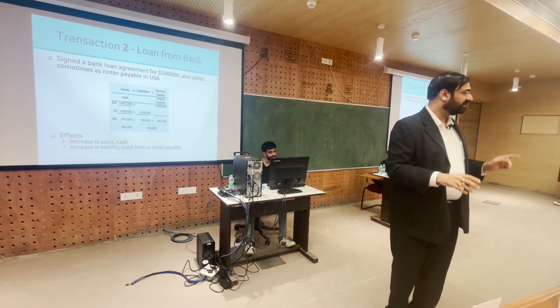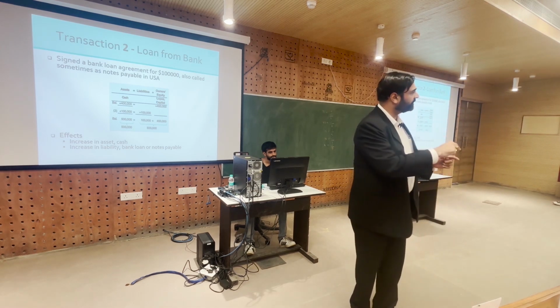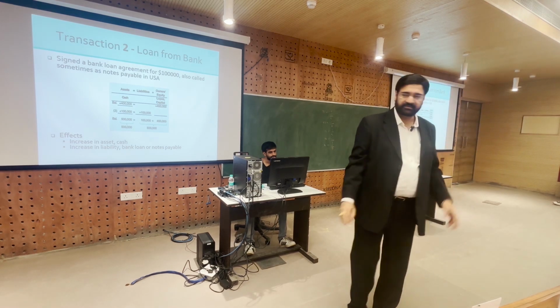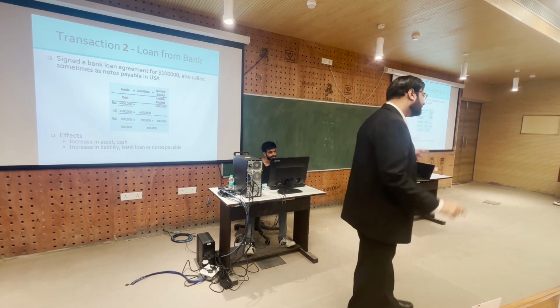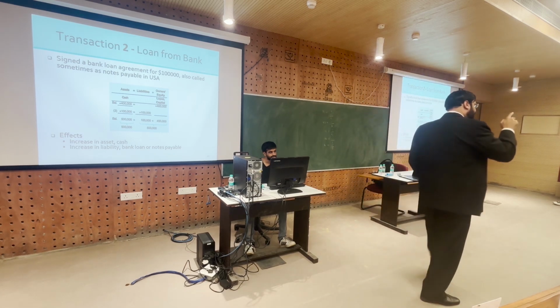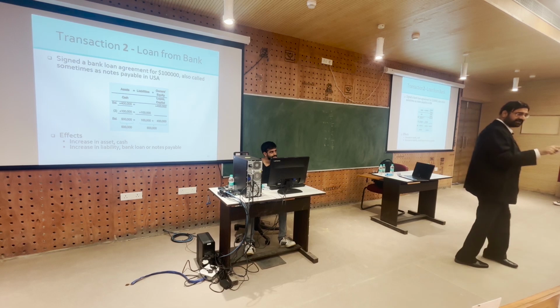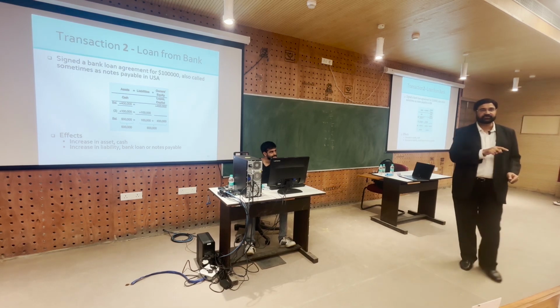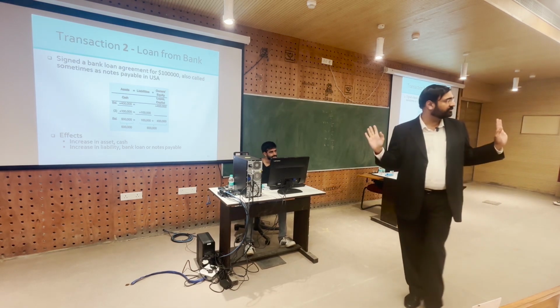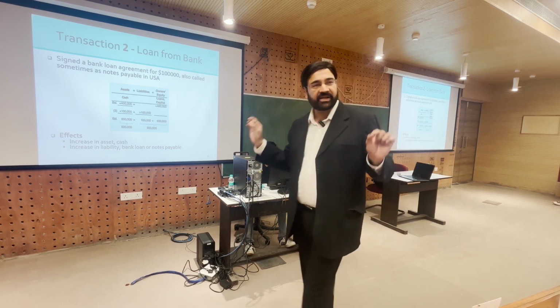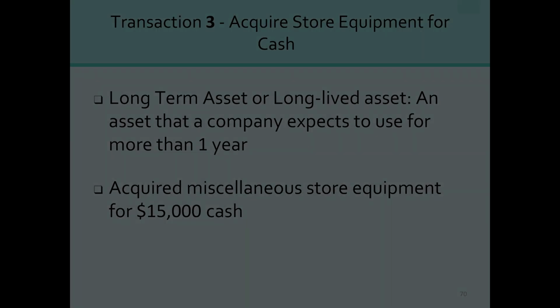Are we all clear? And similarly, if one asset goes down, then another asset has to go up, or liability has to go down, or equity has to go down. But the accounting equation must balance.